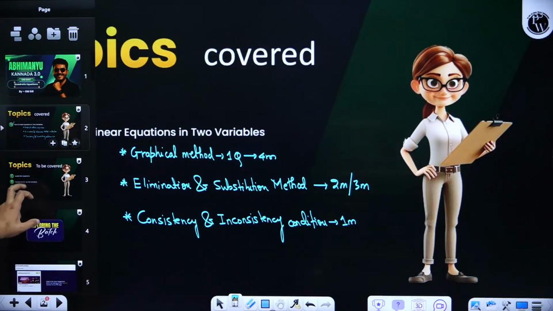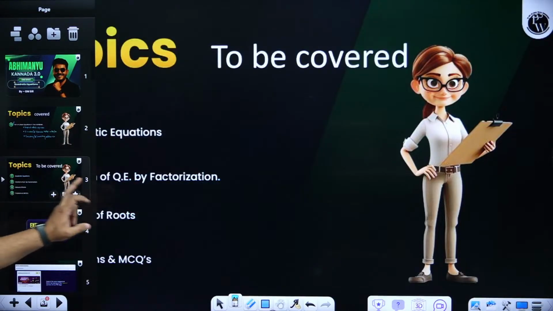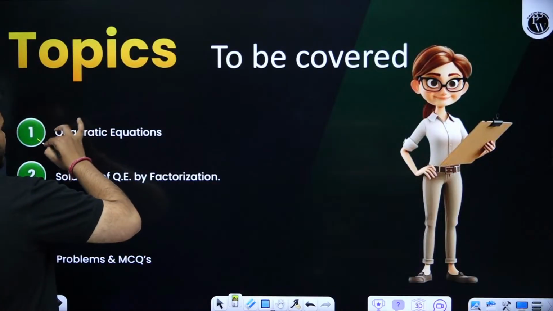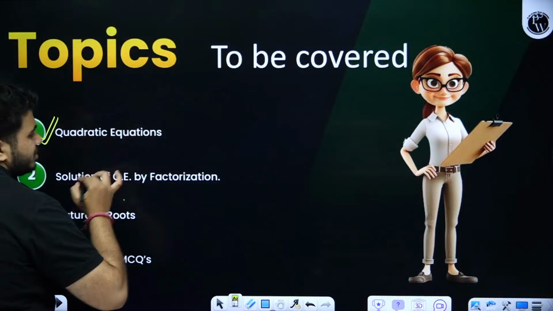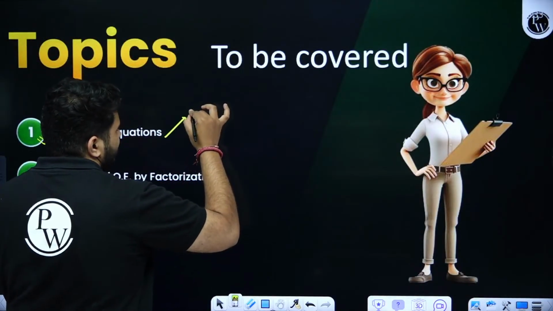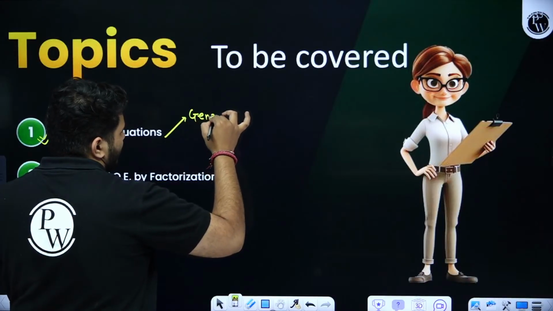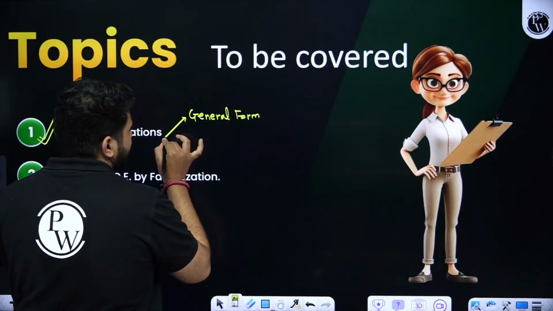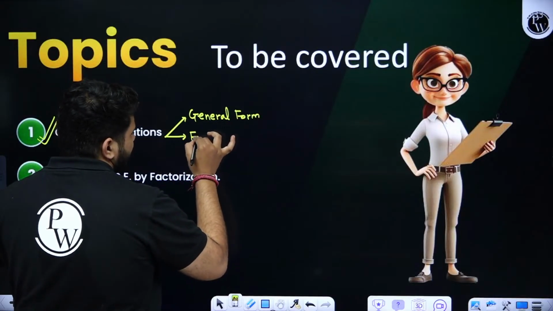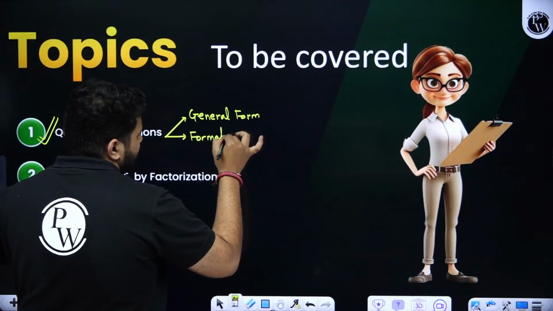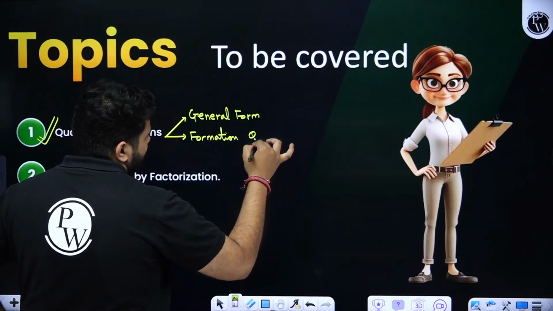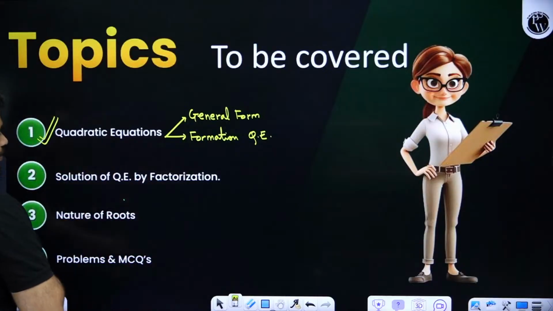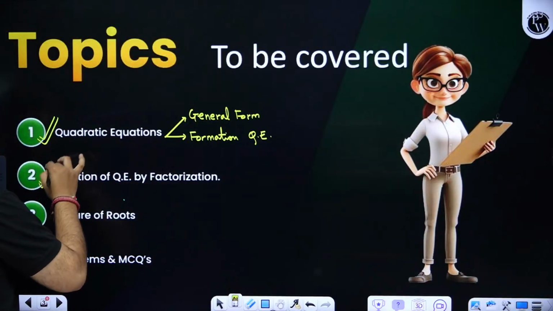So today we are going to start with the topic of quadratic equation. In quadratic equation we will see the general form or standard form of quadratic equation. After that we will see how we form the quadratic equation, formation of quadratic equation. Once the quadratic equation is formed, we will go to the solution of quadratic equation by factorization method.